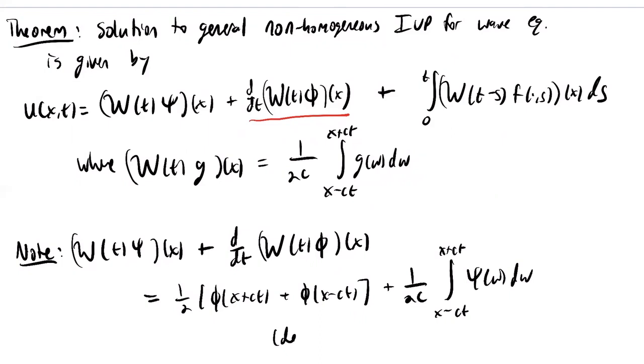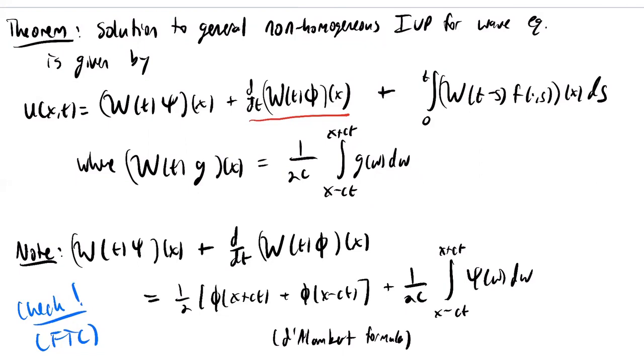So this just reduces to the D'Alembert formula. You can check this just using the fundamental theorem of calculus, so you should check it yourself. Again, math is not a spectator sport, so to get comfortable with these formulas, it'll be helpful to do this calculation.